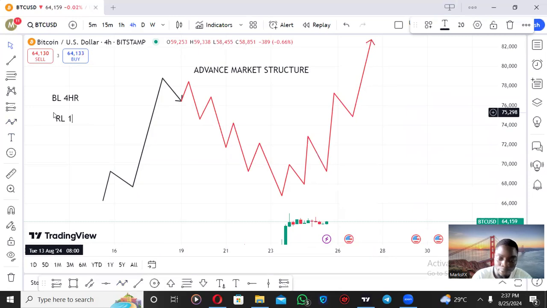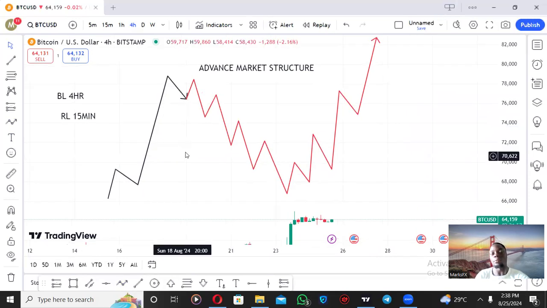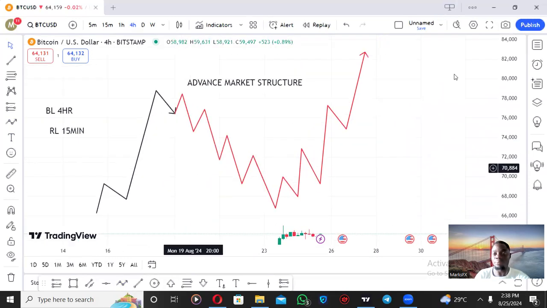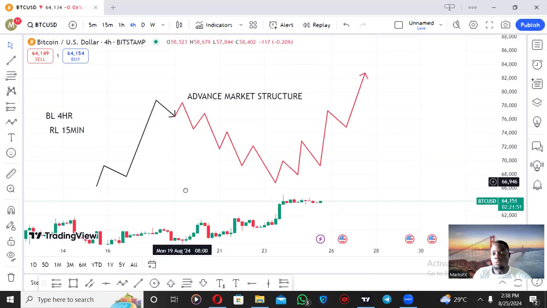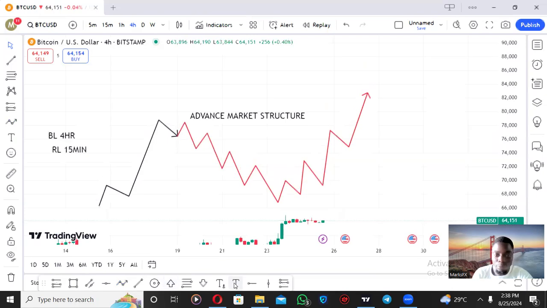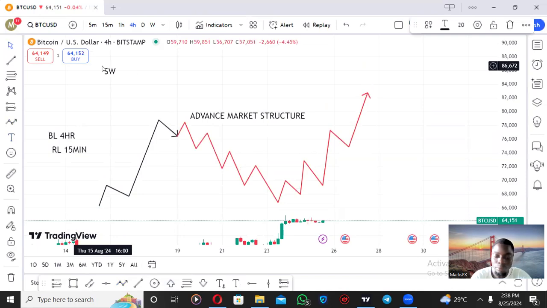I don't want to go far, okay? For day traders. Now, what am I trying to do here? That's what we call swing structures, swing points, or structure. Let me put it as points, okay?